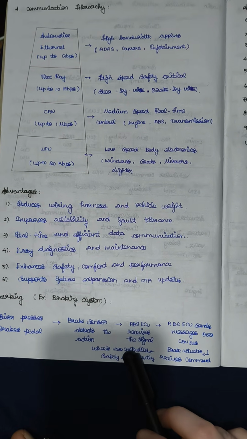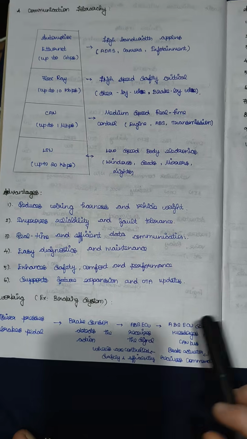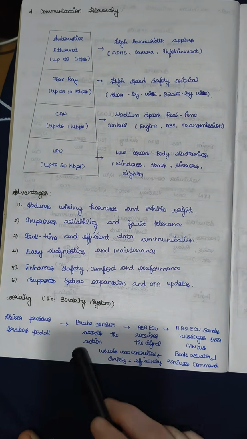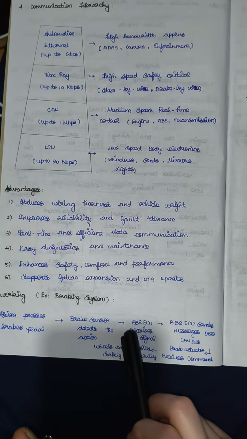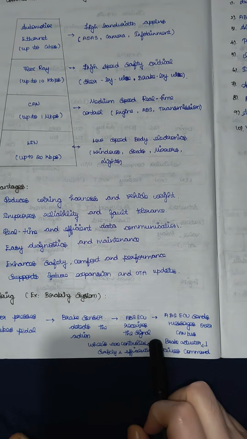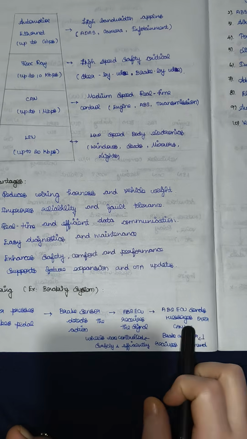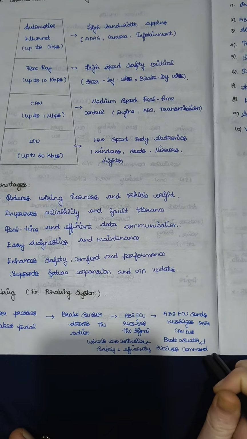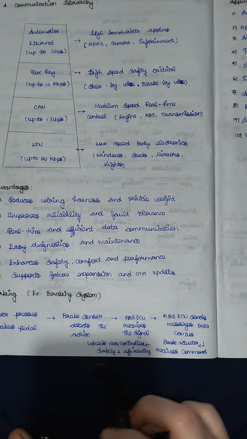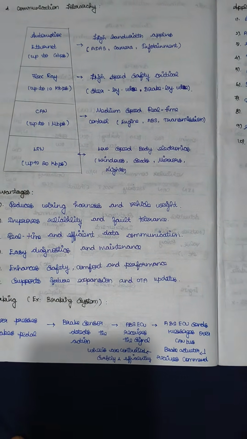Thus, the vehicle wheels are controlled safely and efficiently. Here is the process: first, the driver presses the brake pedal and the brake sensor detects the action. After that, the ABS ECU receives the signal and sends the message over the CAN bus, where the brake actuator receives the command and the wheels are controlled safely and efficiently. This is how the braking process works.